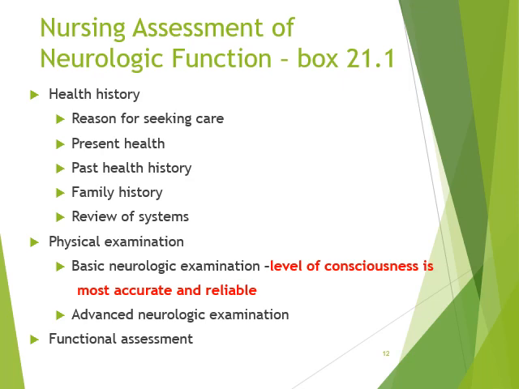And then their past health history. Any neurological disorders? Do we see any signs and symptoms that would trigger in our mind something that's going on with the patient? Have they had a head injury or seizures? Previous stroke or TIA? So that's transient ischemic attack.